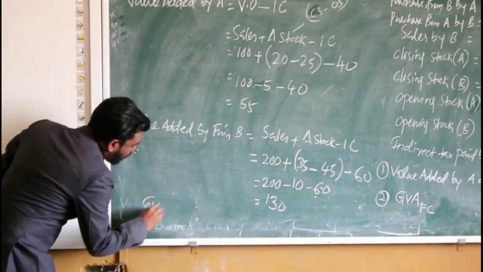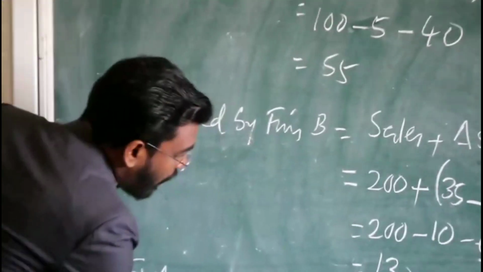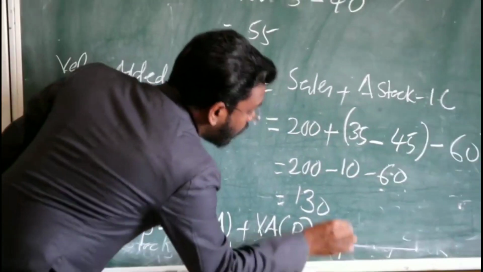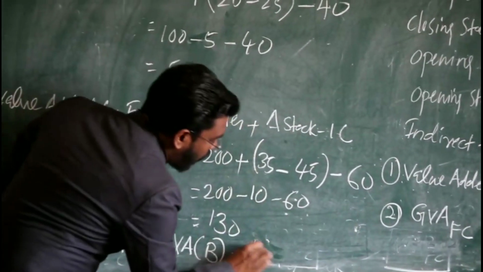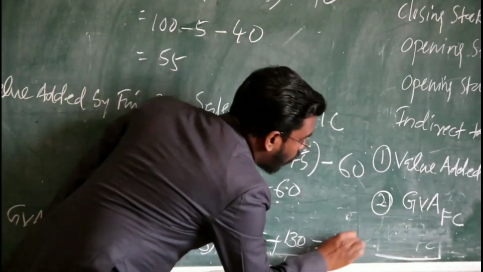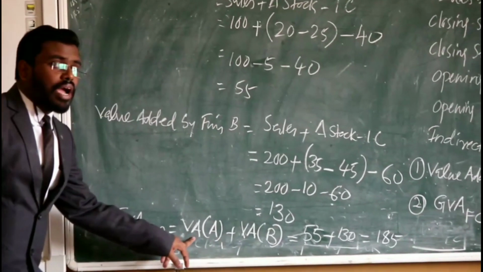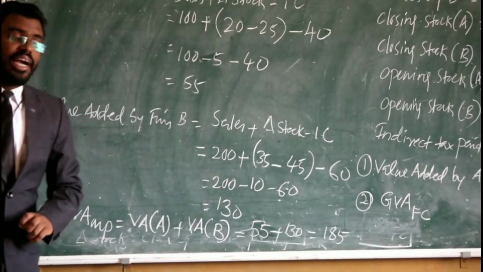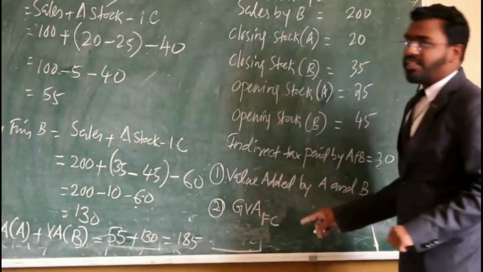So GVA MP is equal to value added of firm A plus value added of firm B, that is 55 plus 130, which is equal to 185. Next, the second question, calculate GVA FC.